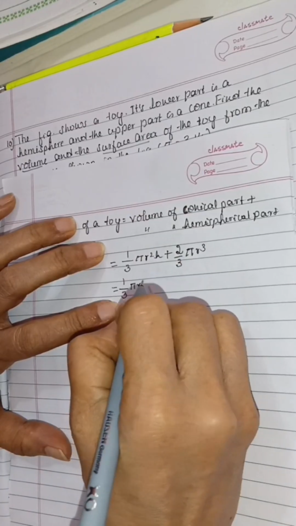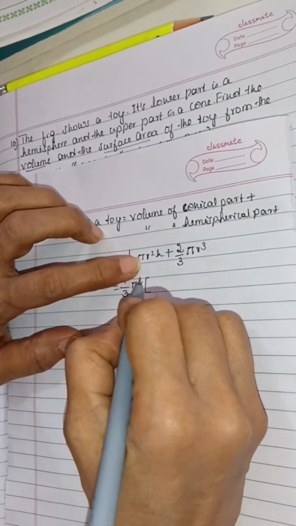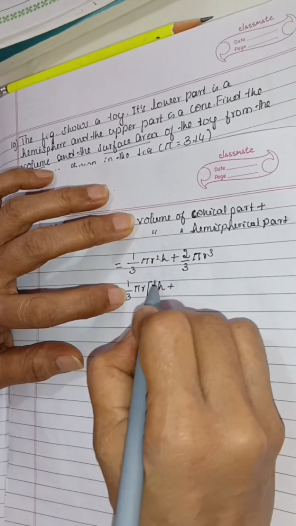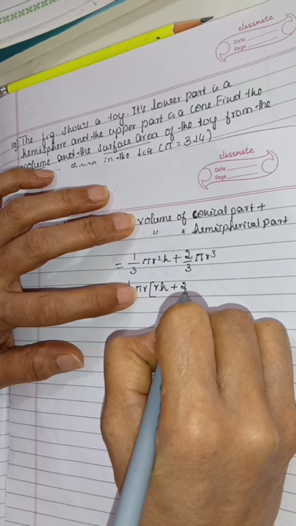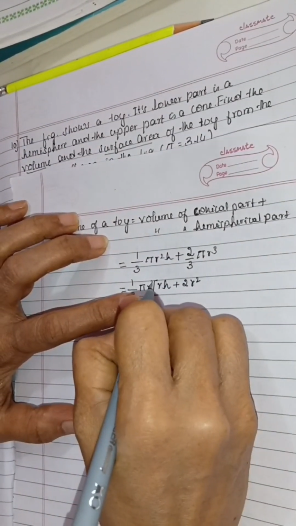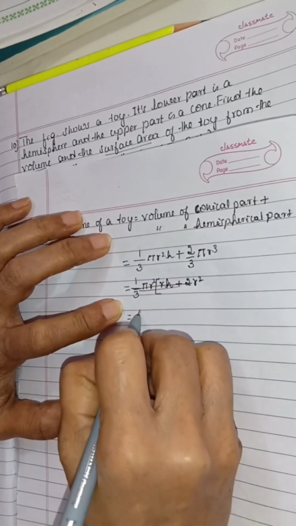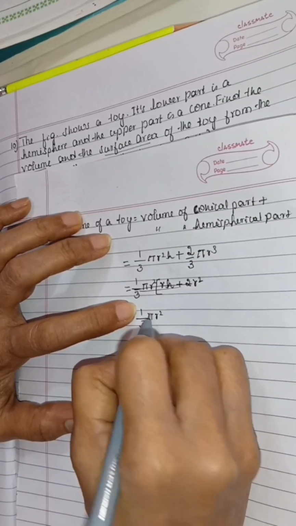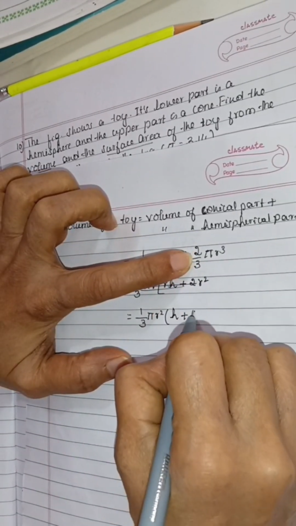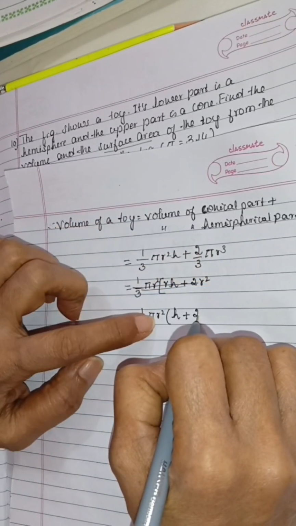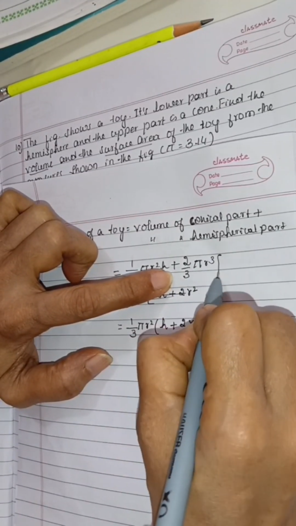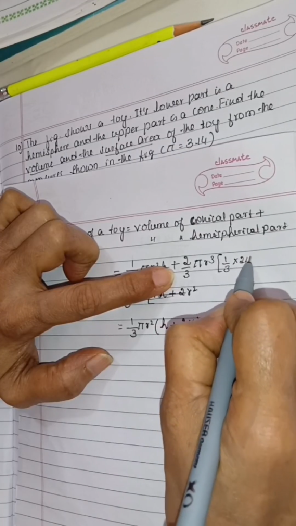If we keep out 1 by 3 pi r square, only h remains here, plus here also 1 by 3 has gone out, the remaining is 2 pi r square out, only 2r remains. That is 1 by 3 into 2 pi r cube.